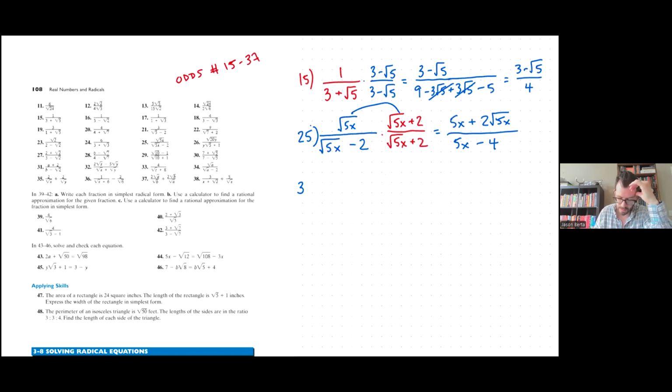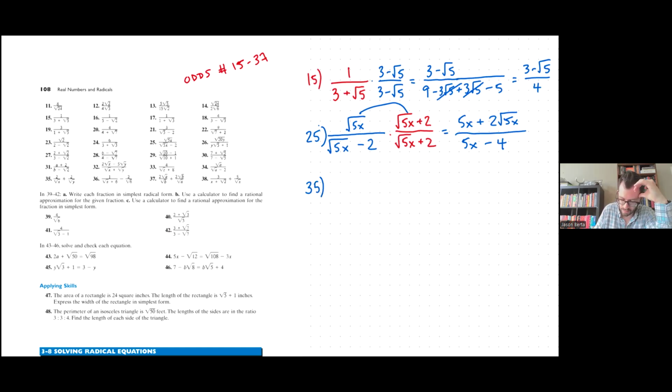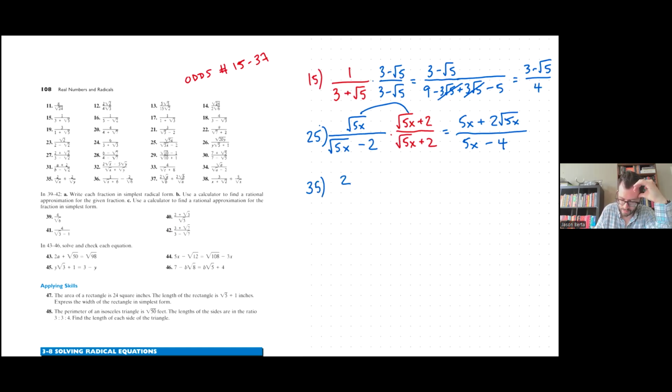Sorry, my whiteboard just froze for a second. I might have to reload this. Nope, there we go. Okay, 35 is this: 2 over the square root of x plus 2 over the square root of y.